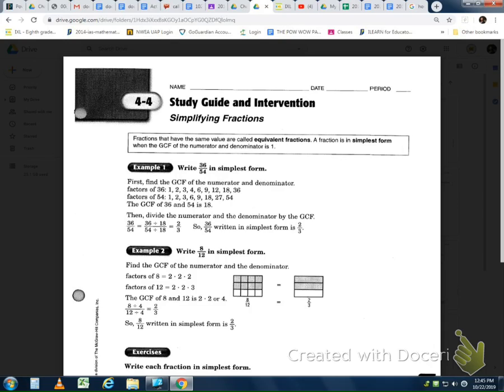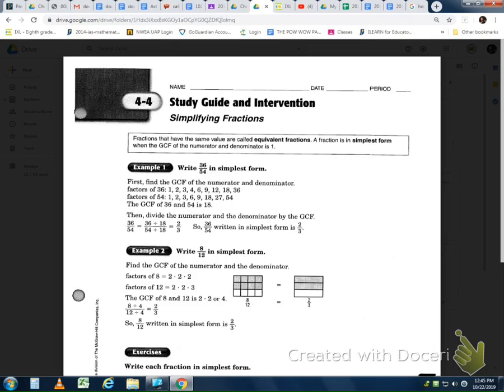If you look at example 1, it says write 36/54 in simplest form. First find the GCF of the numerator and denominator. They list every factor of 36 and every factor of 54, then work backwards to find the biggest factor they have in common.